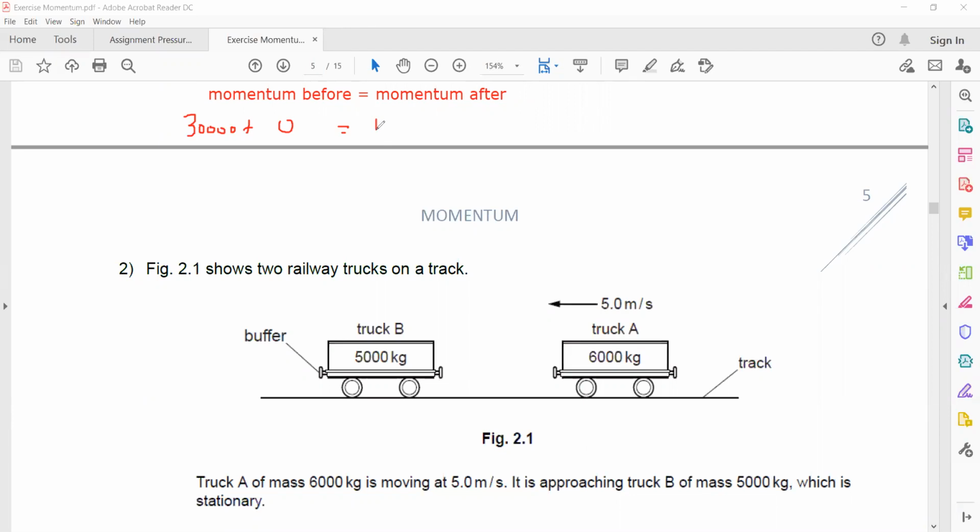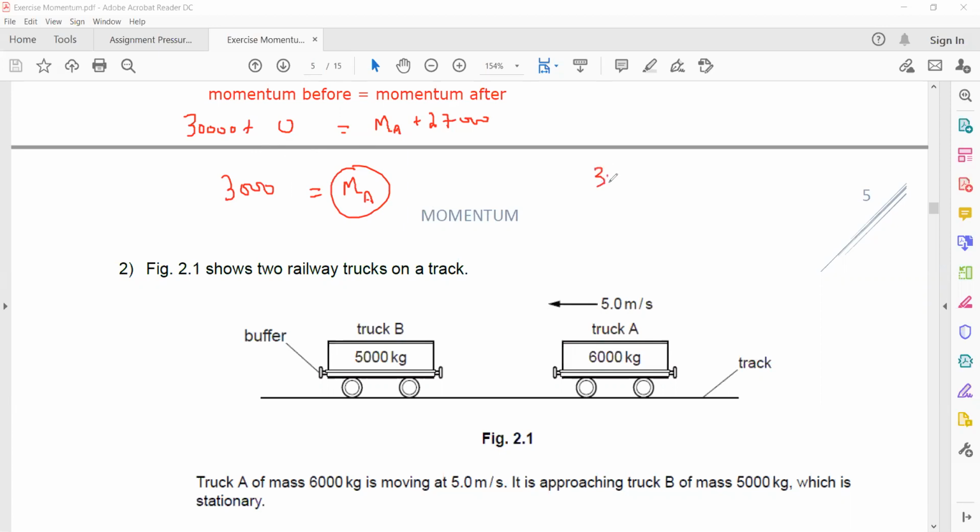So what will be the momentum of A after collision? When you subtract 30,000 minus 27,000, you will get 3,000. So the momentum after collision for A is 3,000, but we need the speed. And what is the formula for momentum? Momentum is mass times velocity.